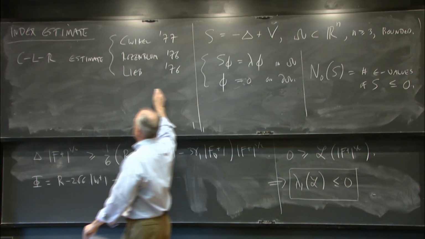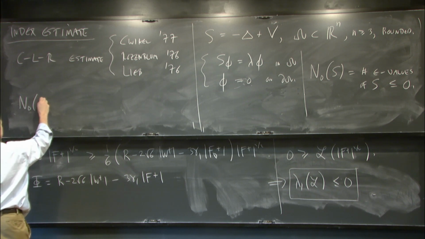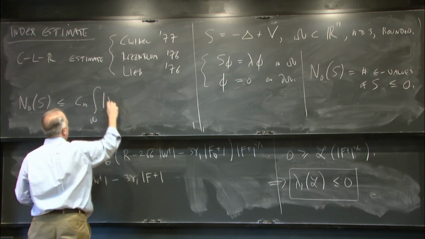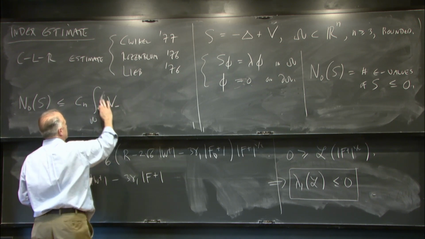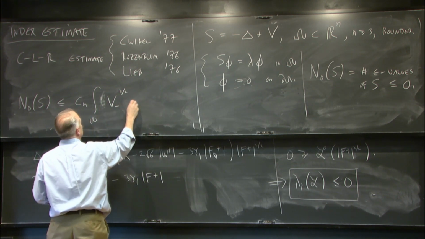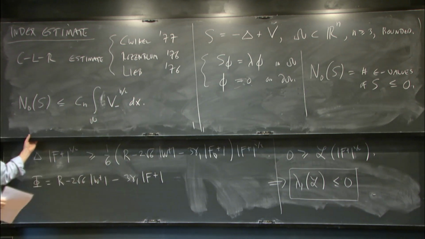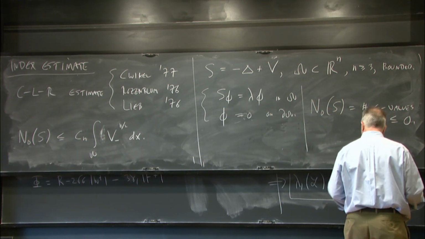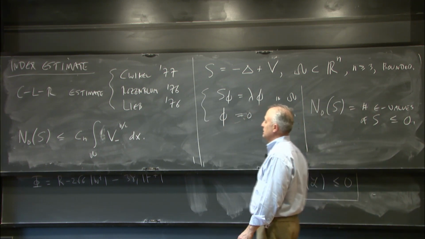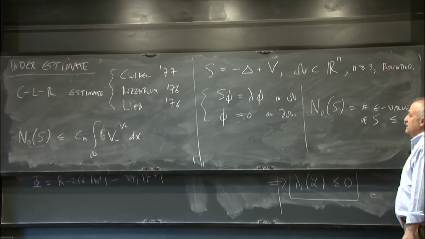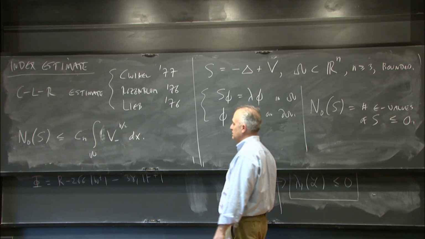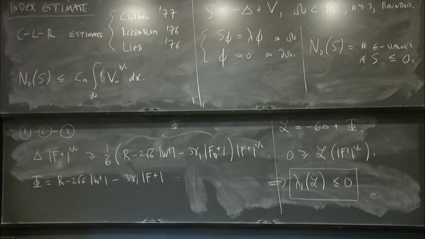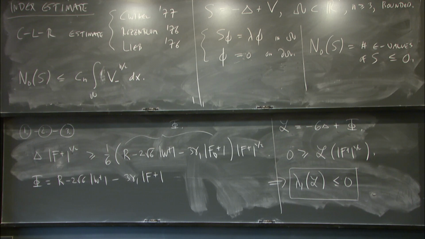And the CLR result is that this can be estimated by some dimensional constant times the L^{n/2} norm of the negative part of the potential V. Okay, so as I said, these proofs are quite different, and we spent a fair amount of time trying to see if there was any way to adapt them to our setting, where you have this operator on a vector bundle, and we couldn't see how to do it, which is still a very interesting question.